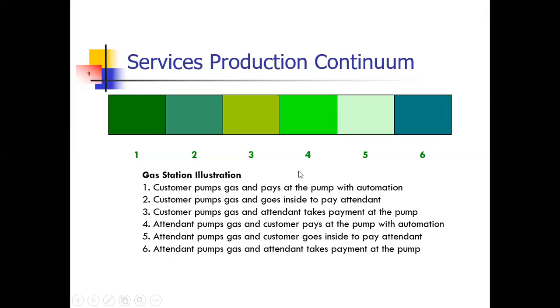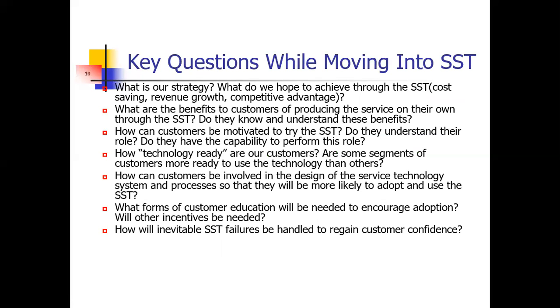If you want to improve or involve their participation, then you should go for more automation. You should reduce the role of your employee and rather increase the role of your customer. There is some self-service technology that I have already discussed with you in the case of McDonald's, and you can go through it.